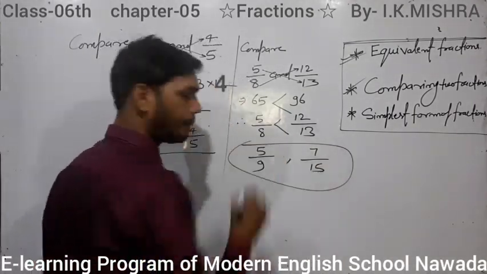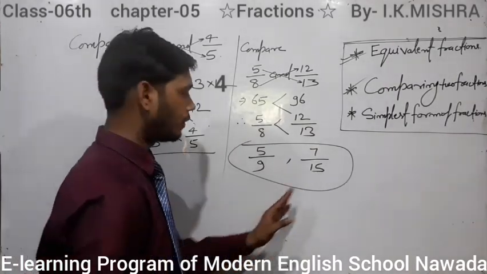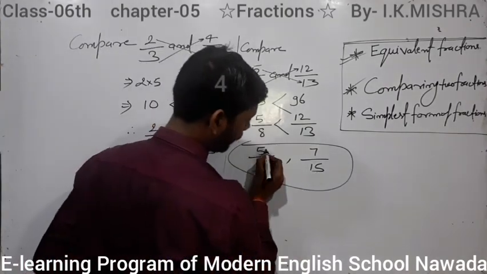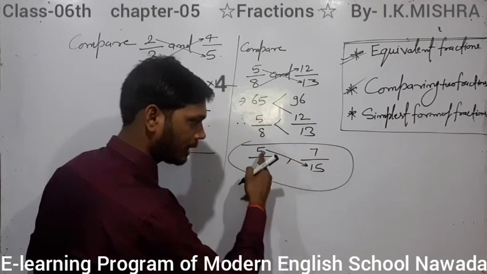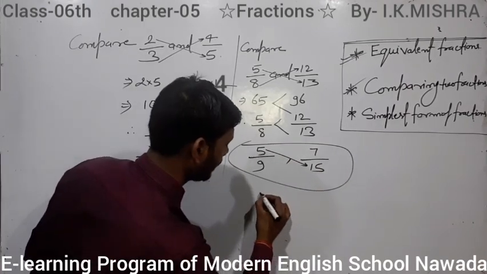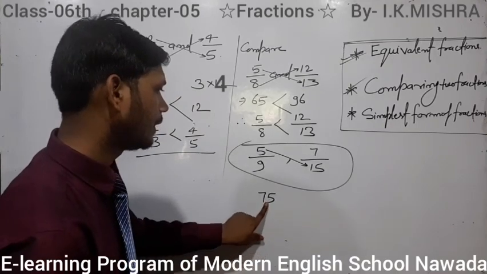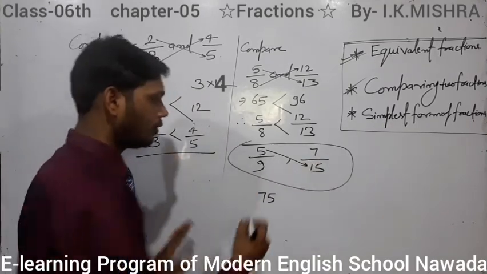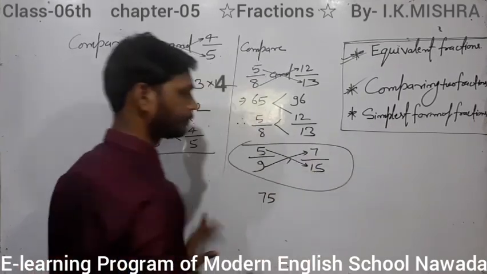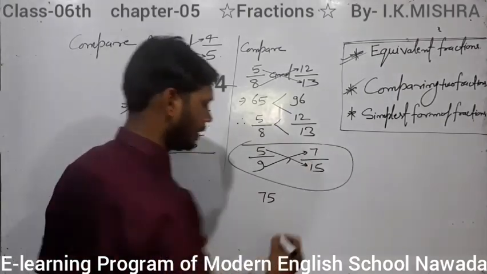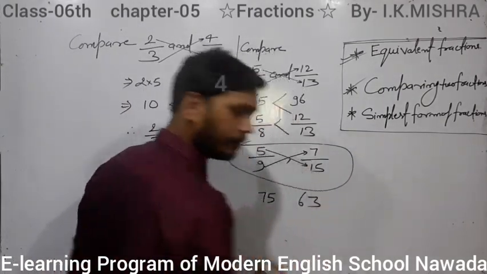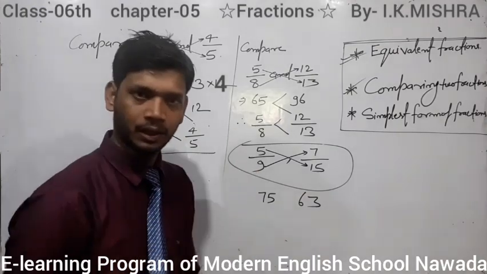First of all, multiply 5 by 15. When you multiply 5 by 15, then you will get 75. And now 9 into 7. Here 63. 9 7s are 63.